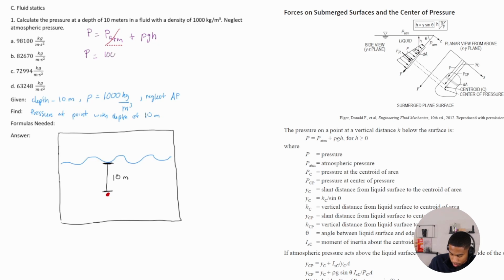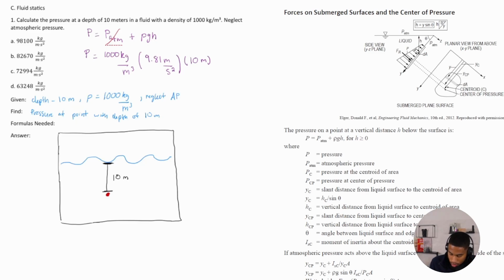Well, 1,000 kilograms per meter cubed. Rho is just the density, times the gravity, which gravity in general is 9.81 meters per second squared. And then what's our height? Our height is our depth, which is h, 10 meters.